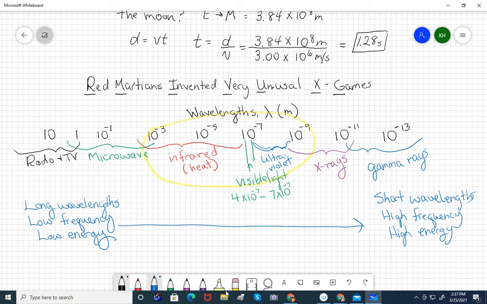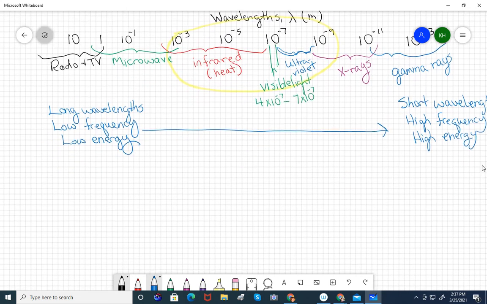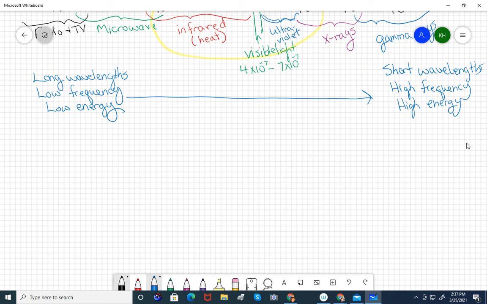Now, if we go just a little farther, we can take this little section that I called visible light and bring that down here. And we said that visible light goes anywhere from about 700 nanometers at the longest to about 400 nanometers at the shortest. This is red light, and this is violet.